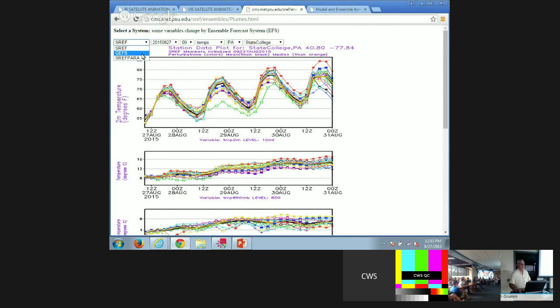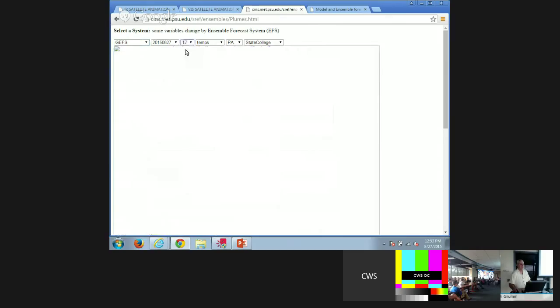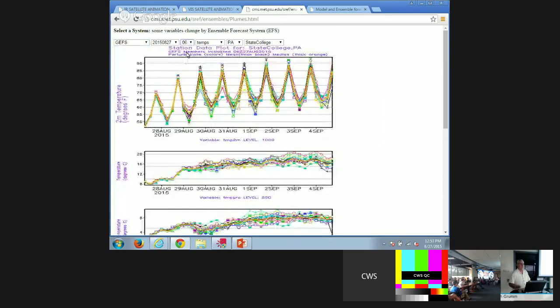We'll take a quick look at the GEFS. I don't think 12Z is in yet, so we'll stick to 6Z. You can see that general trend in the GEFS. There's a couple of oddball cool members, of course, but the mean and the median are pretty close, just showing this general trend. By the end of the weekend, early next week, we should have temperatures up in the 80s for a prolonged period of time, with really huge diurnal cycles indicating we're probably pretty dry.